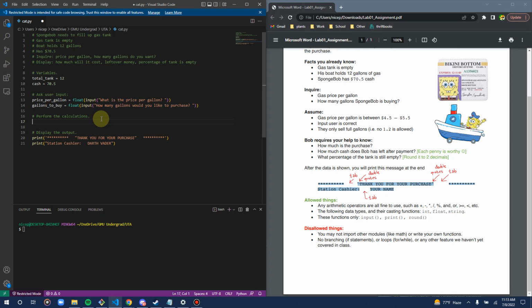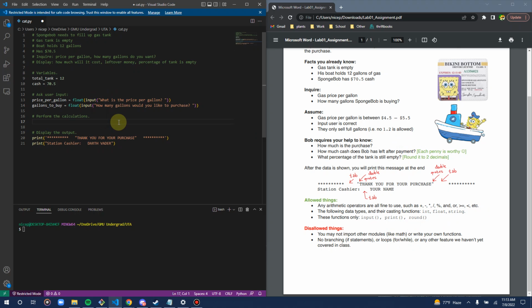Now for the calculations, I'm going to create a new variable here. It wants the total purchase, how much he has left after payment, and what percentage of the tank is still empty, each rounded to 2 decimal places. And we are allowed to use round, so that makes it very easy for us.